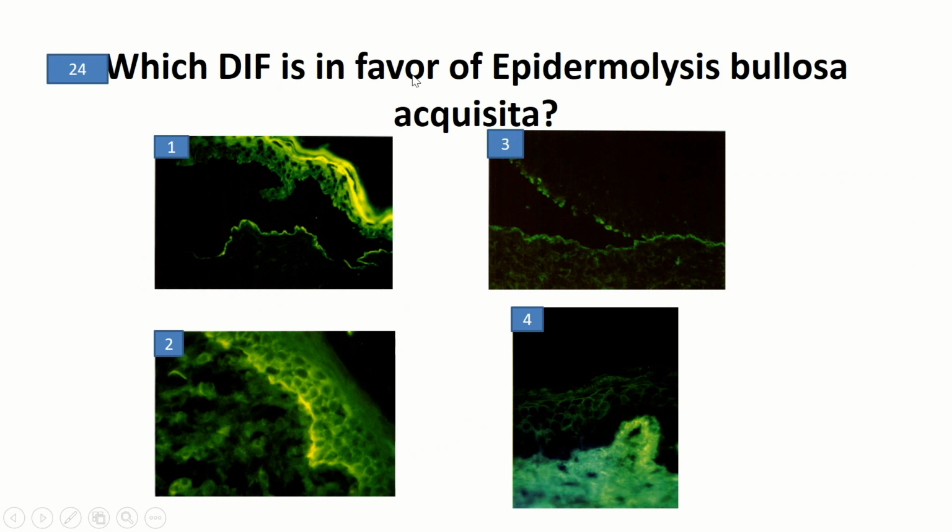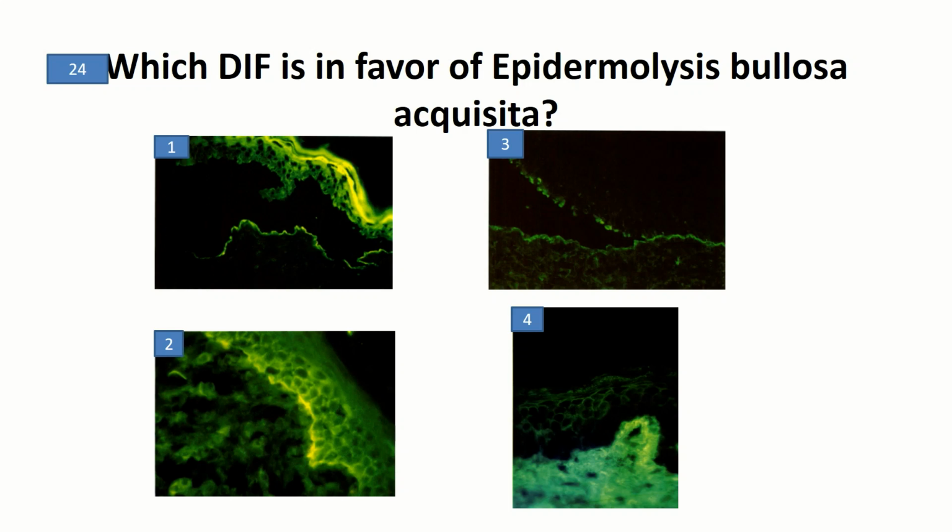Which one is in favor of epidermolysis bullosa acquisita? Epidermolysis bullosa acquisita is characterized by subepidermal bulla that is predominant at the floor. Three types of immunobullous disorders are characterized by subepidermal bulla with the predominance of floor.